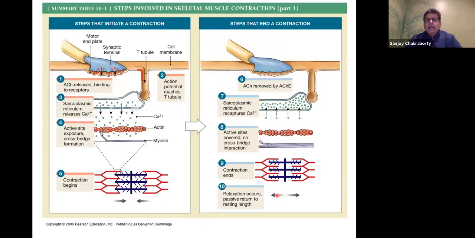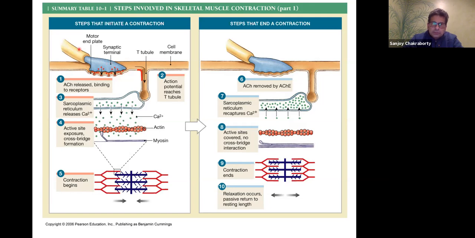So this slide is actually a review of whole muscle contraction. So look at that. That's the NMJ. That's a motor neuron. This is the motor end plate. This is called the synaptic terminal. The gap is called the synaptic cleft. The red dots are the acetylcholine, which is the neurotransmitter for skeletal muscle.